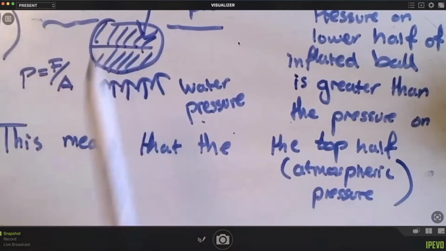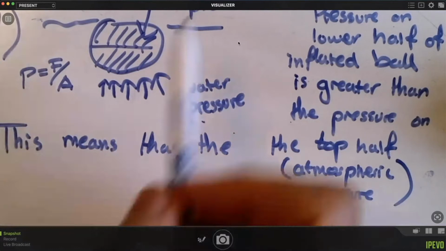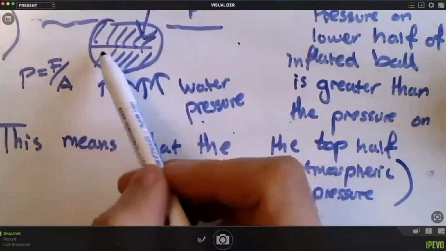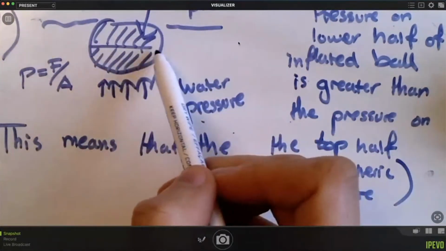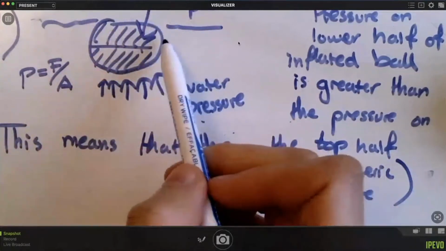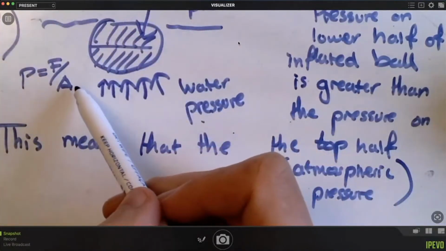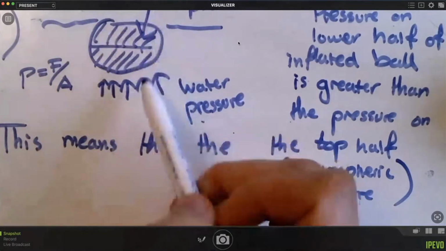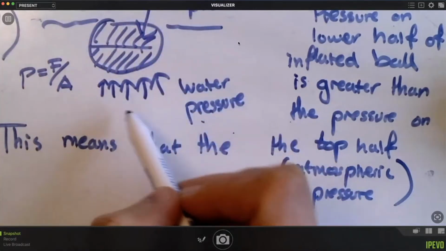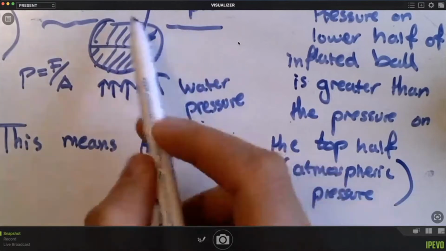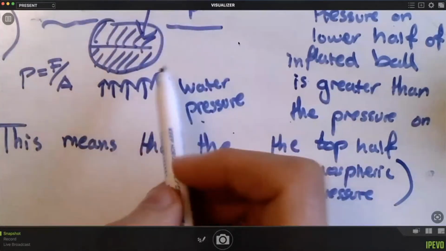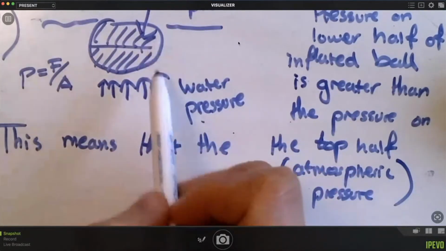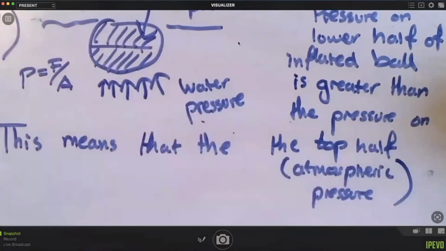So we were assuming it's a symmetrical ball, a sphere, and if the surface area is the same on the bottom half as well as the top half, well, A we can assume is a constant, therefore it's effectively a difference in force, isn't it? So we have greater force on the bottom and we have less force on the top, so therefore we're going to have a resultant force pushing upwards, and that is known as the upthrust force.